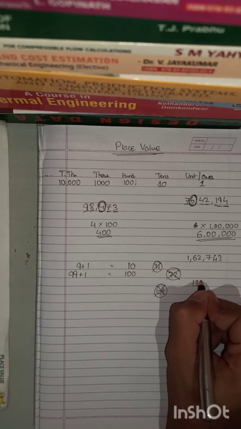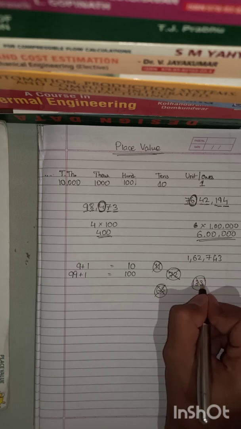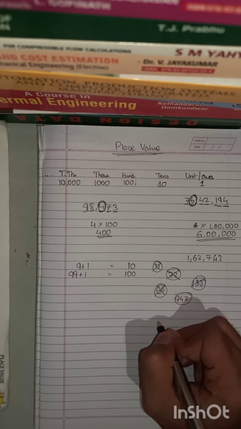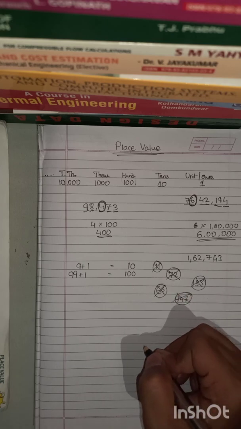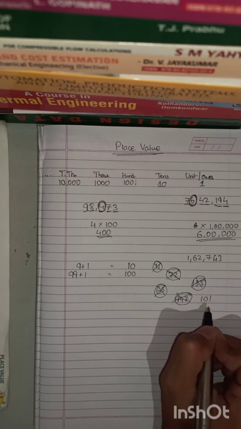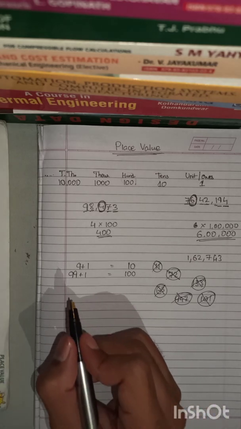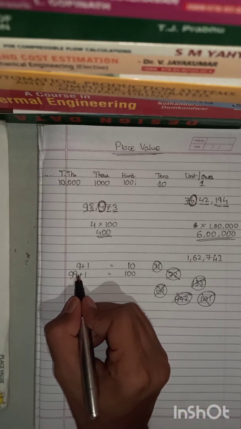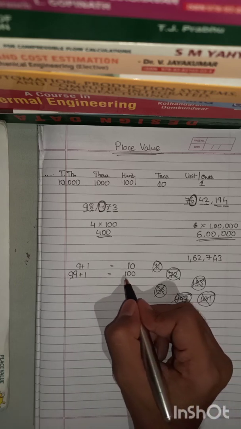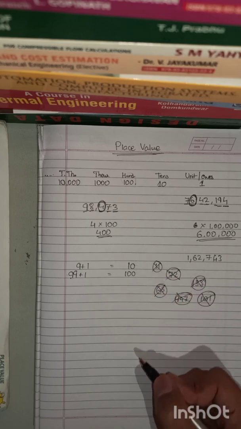Does 133 look smaller than 100? No. Does 947 look smaller than 100? No. Does 101 look smaller than 100? Absolutely not. So, adding 1 to the biggest 2-digit number gives us the smallest 3-digit number, and this thing keeps going on.